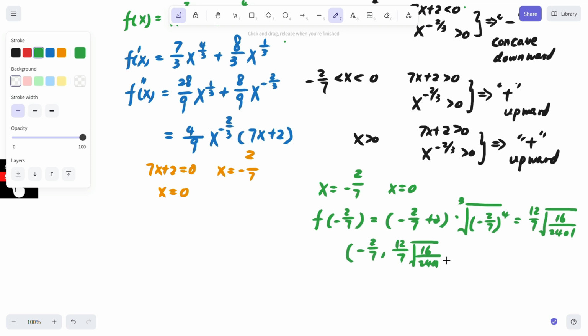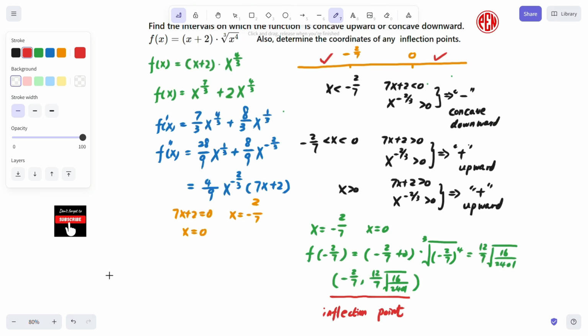That simplifies to 12 over 7 times the cube root of 16 over 2,401. We don't need the exact decimal, but that gives us the coordinates of the inflection point. Now, regarding x equals 0, although the expression behaves differently around 0, the second derivative is positive on both sides.